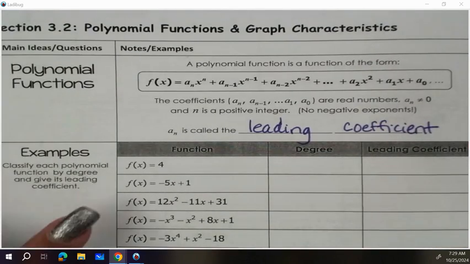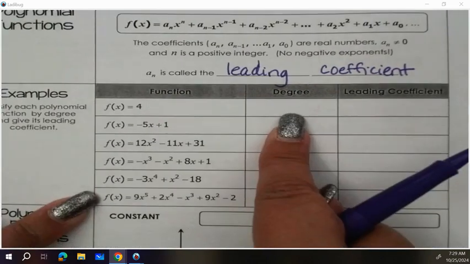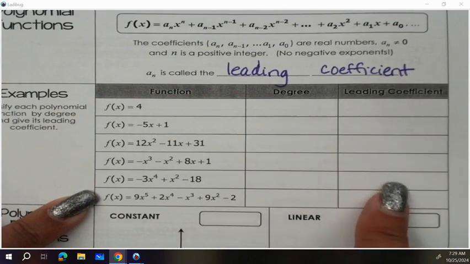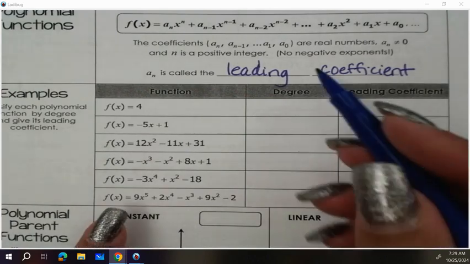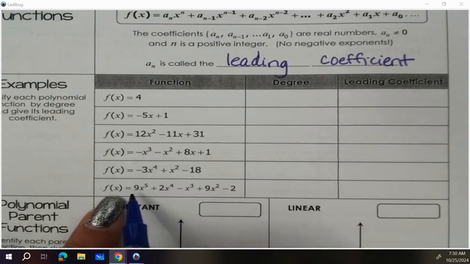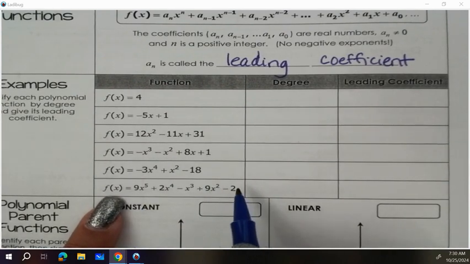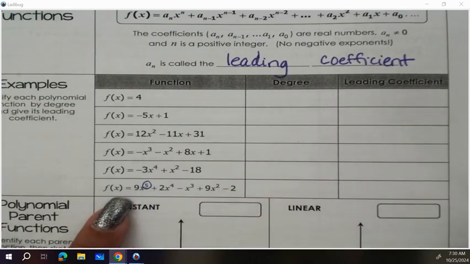All right, so as I go down through each one of these, I want to give their number of their degree, and then I want to list their leading coefficient because there's a big difference. Sometimes I think this is easier to start at the bottom and work our way up. So like for this very bottom one, what is the degree of this term? Not by name, but by number. 5, because that's the biggest exponent we see.